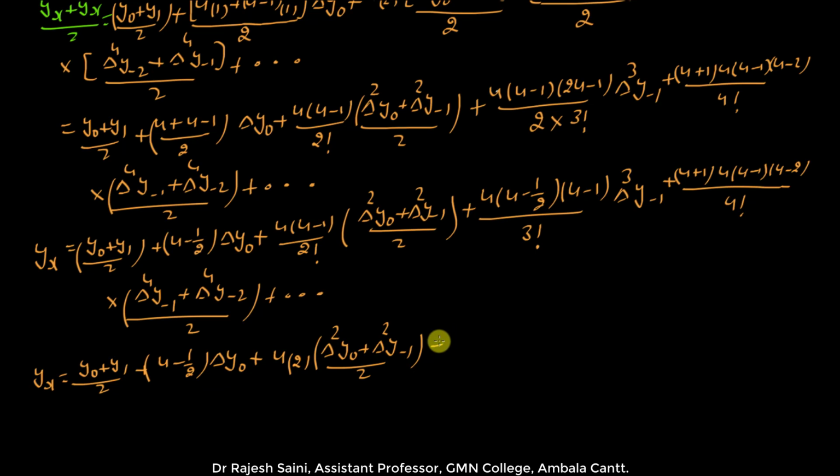Fine. Plus (u minus 1/2)u(u minus 1) divided by 3 factorial delta cube y minus 1.